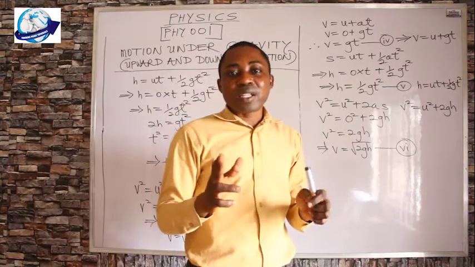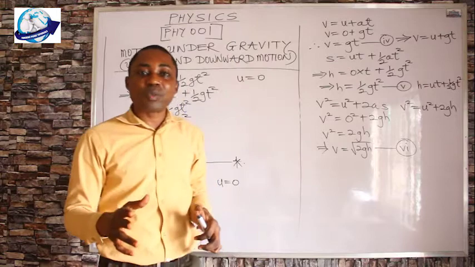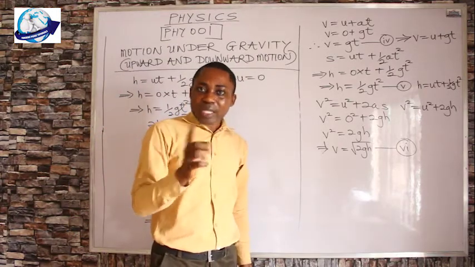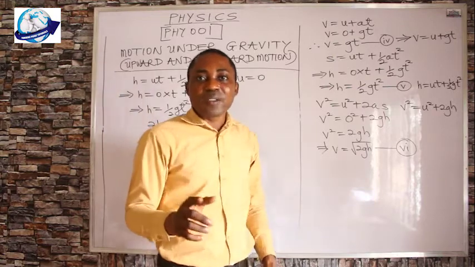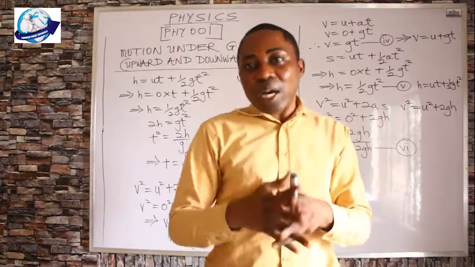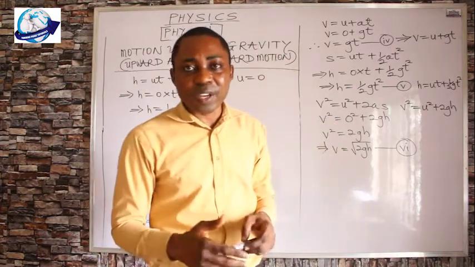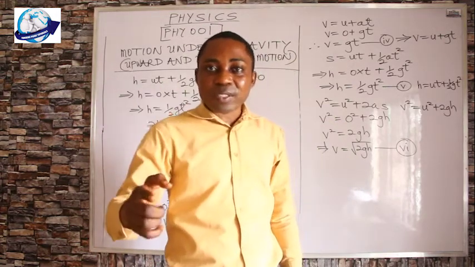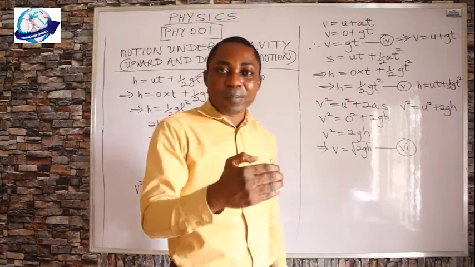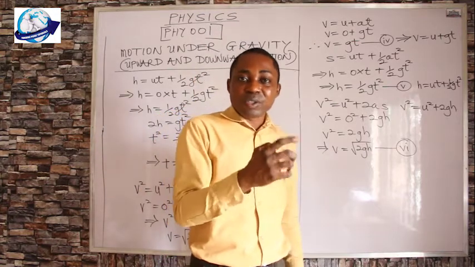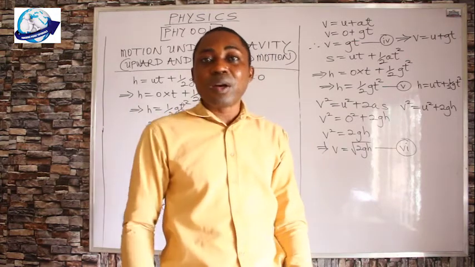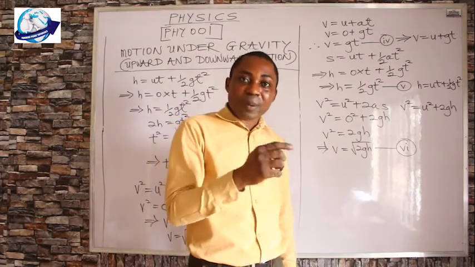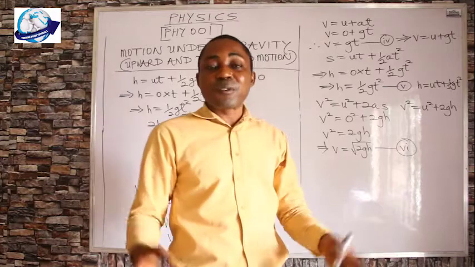Now, finally, let's see some kind of conversion we should always consider. Whenever you are given, at any point in time, a value for the velocity, either final velocity or initial velocity, and you are asked to solve a problem, and the velocity given to you is in kilometer per hour, but you are asked to put your answer in meter per second, then you have to do some conversions.